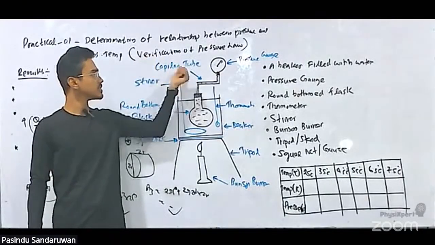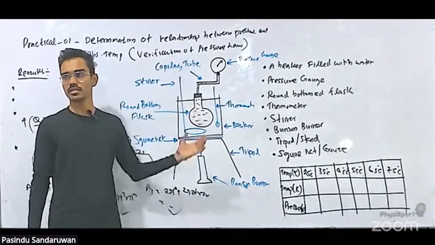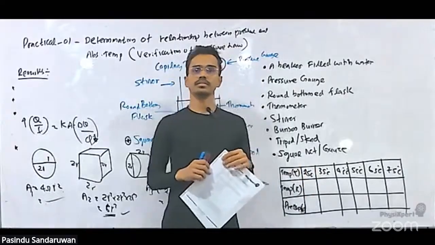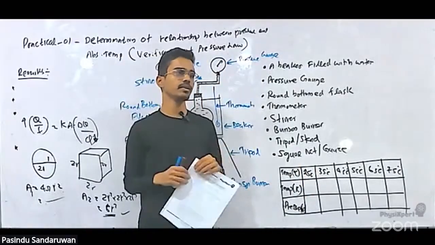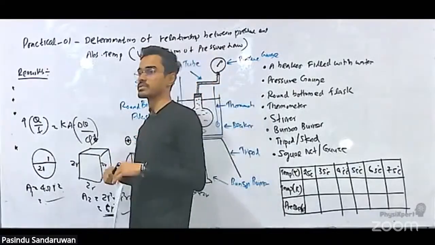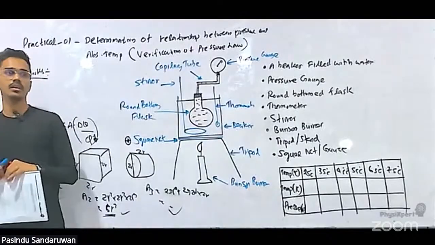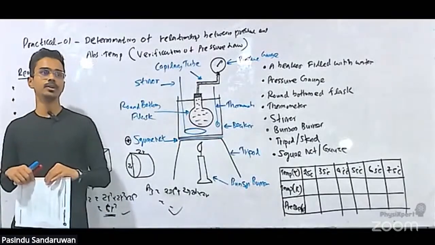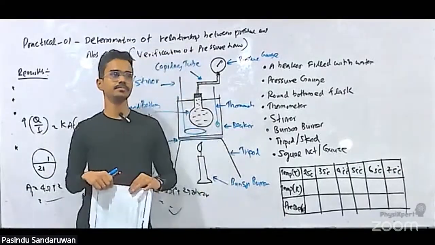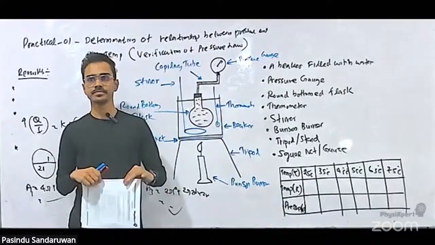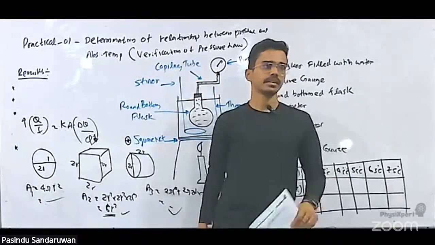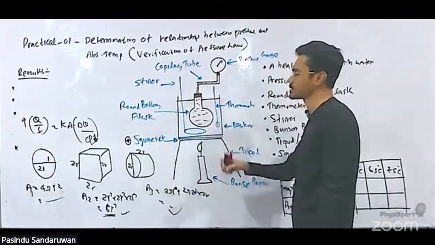This is a constant volume gas thermometer. What are the possible gases to be used in a constant volume gas thermometer? Helium or neon are used, the most popular one is helium, because they are less reactive, right?